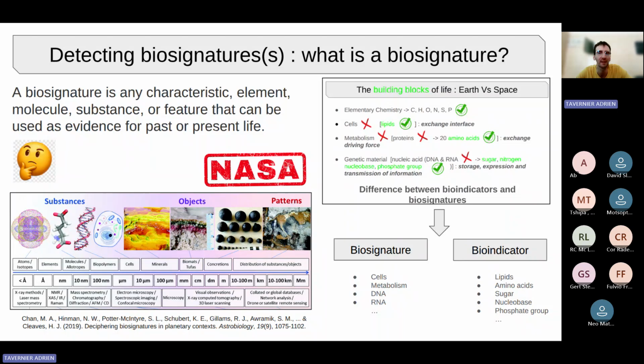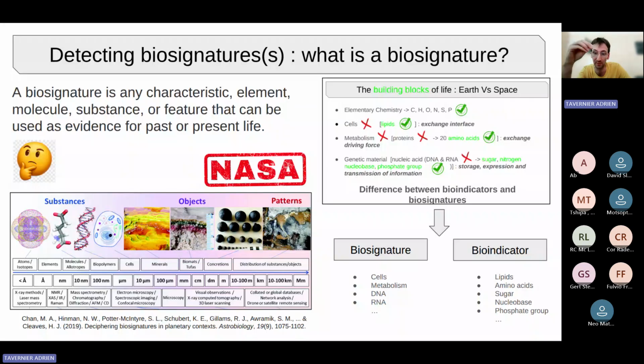If we go back, for example, to the building blocks, they are not biosignatures in this case because they are not indicative of life. They are bioindicators. But if we detect cells, metabolism, DNA, so genetic material, life as we know it on Earth, this is indubitably a biosignature.